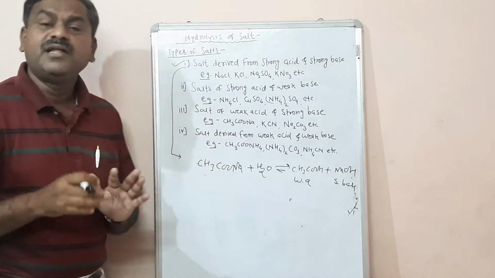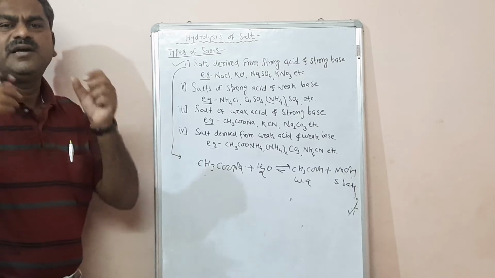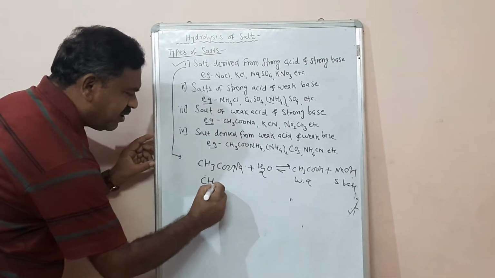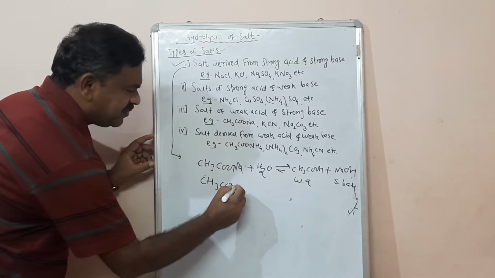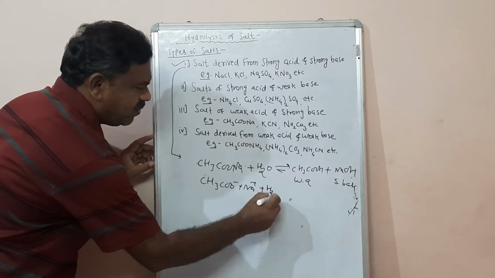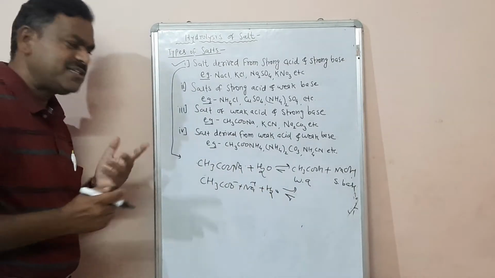According to the ionic theory, when any strong electrolyte is dissolved in water, it produces ions. H2O gives acetic acid, which is the weak acid.